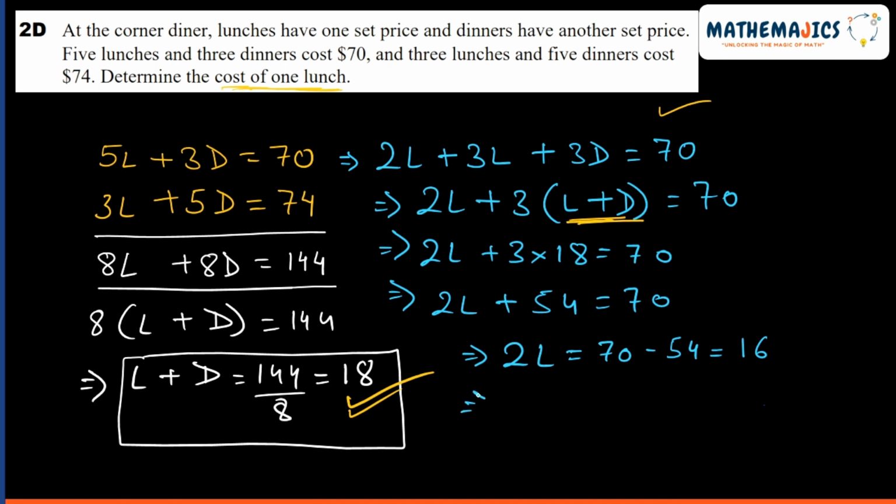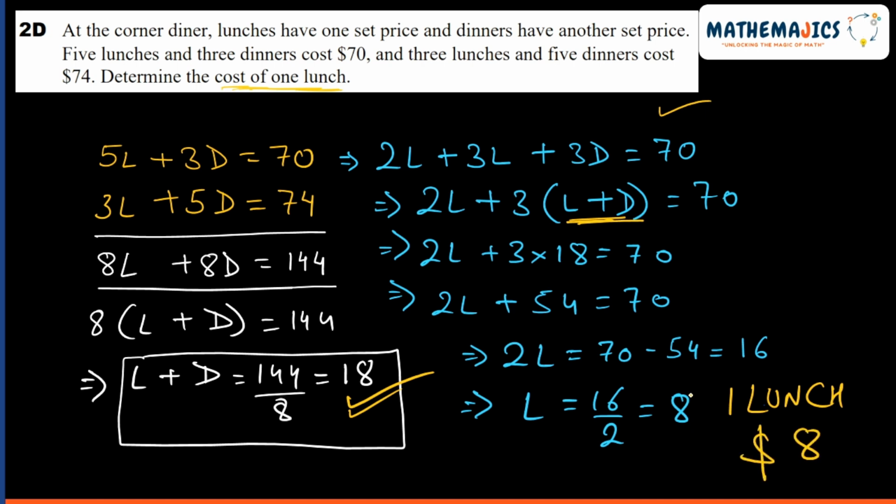Correct? That means one lunch set is equal to 16 divided by 2, which is 8. So what is the cost of one lunch set? One lunch set is equal to $8. Yes, we have found it here. The cost of one lunch set is $8. This is our final answer.